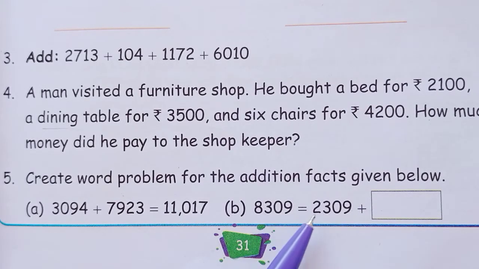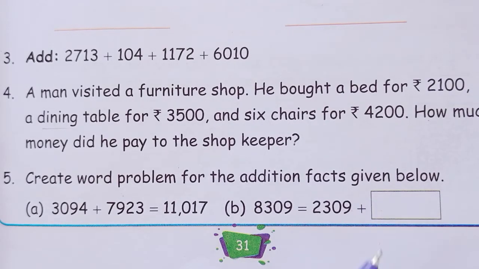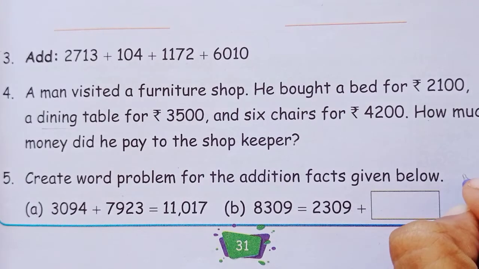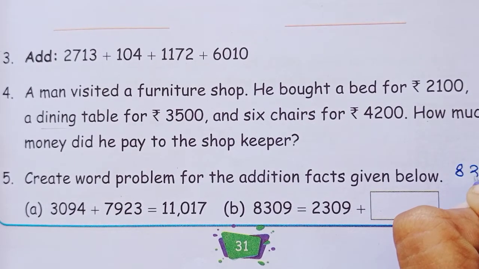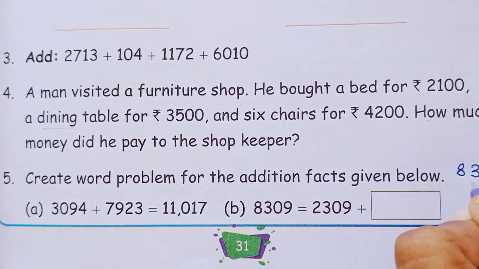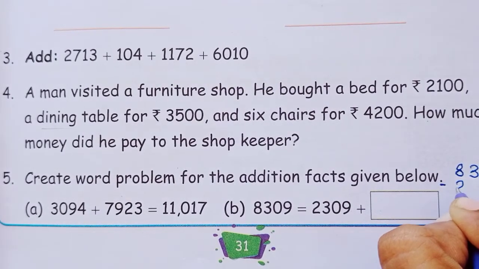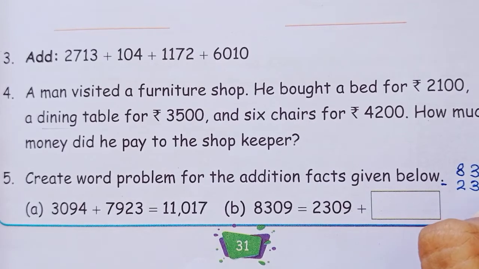Okay. Now we will subtract these two numbers and we will get the answer. Use your pencil to write it beside. 8309 minus 2309.